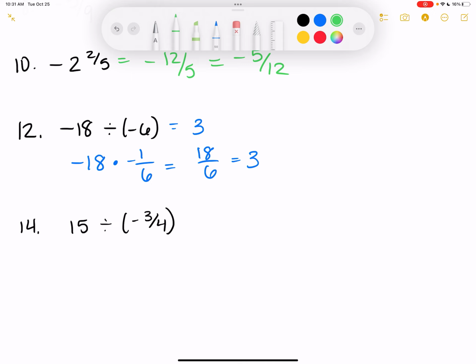Yep. So I'm at 15 times negative 4 over 3. Now we can reduce this down. How many times does 3 go into 15? 5. So I can rewrite that as 5. Now I'm just left with 5 times negative 4, which is what? Negative 20. Yep, negative 20. Opposite signs is negative.